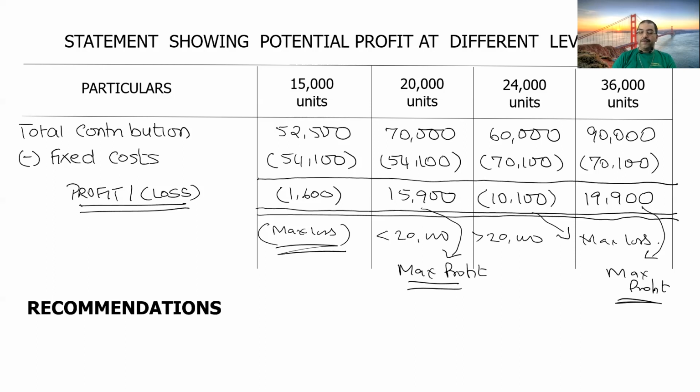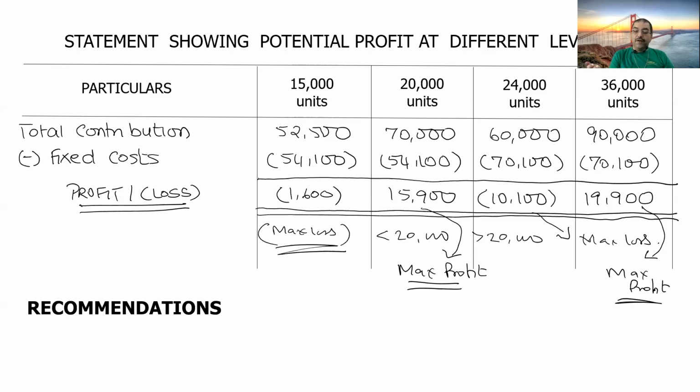That means if I want to earn maximum profit in that range of 15 to 20,000, that means a profit of 15,900, then I should be selling exactly 20,000 units.